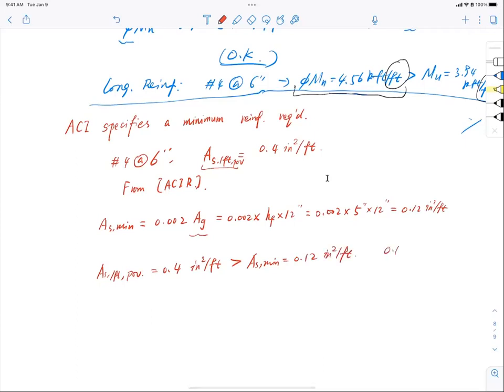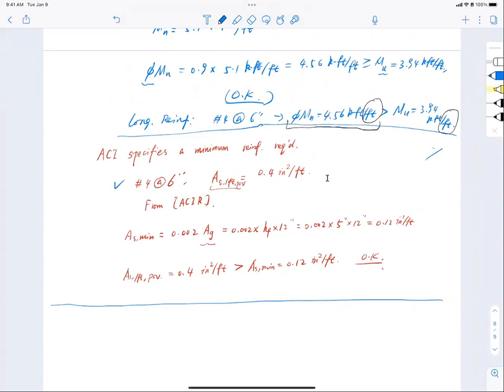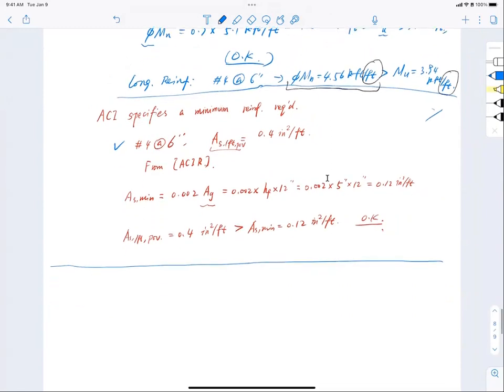So we're okay, meaning that we satisfy the minimum reinforcement requirement from ACI. At this point we say we're done with the longitudinal direction and the selected design is number 4 bars at 6 inches. So that is all we have to do for the bending moment.